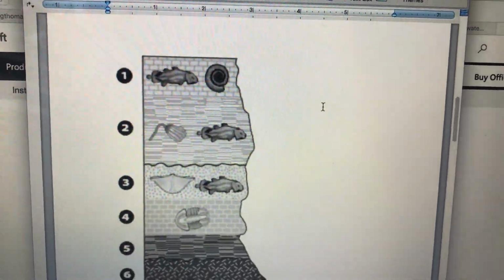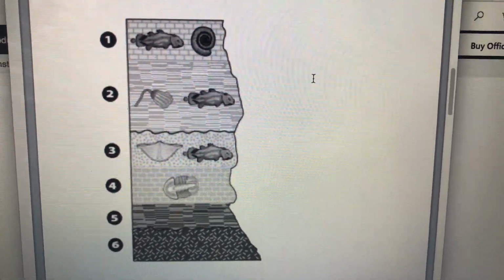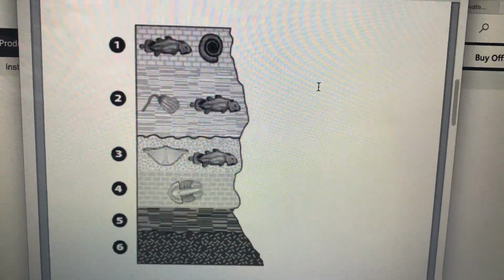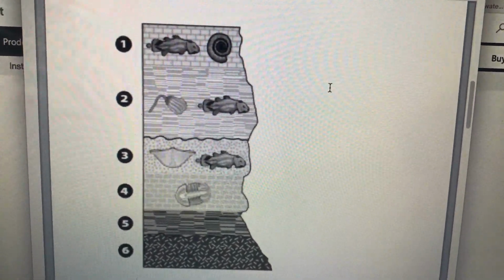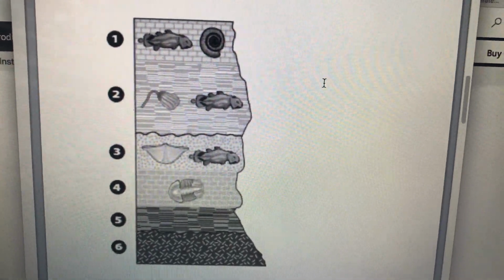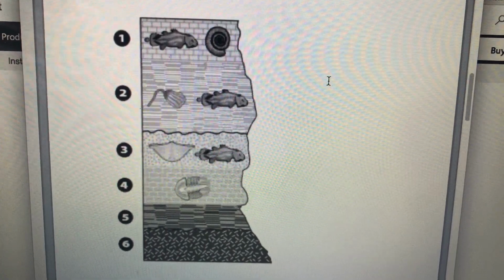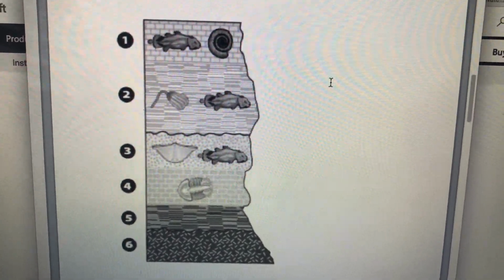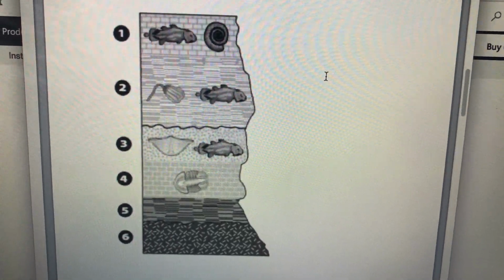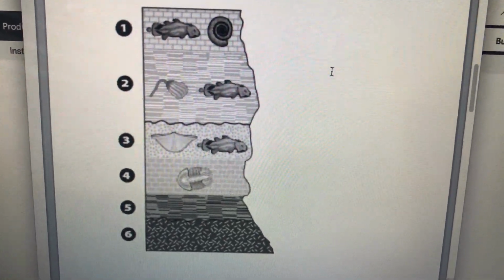This next diagram is talking about superposition. So we learned this way back when we studied the Grand Canyon, that the layers on the bottom are older than the layers on the top. So this is sedimentary rock, and we know that is formed through weathering and erosion, through sedimentation, deposition, and cementation.